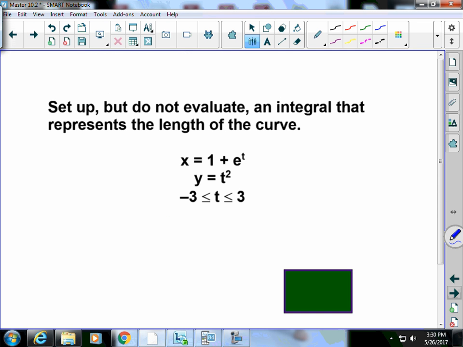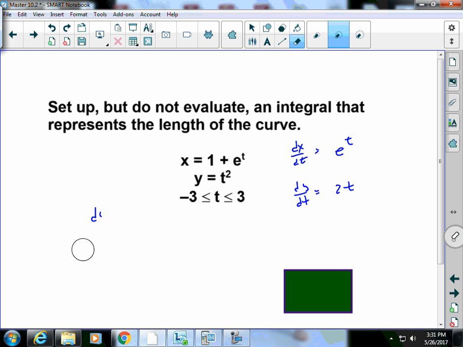All right, set up but do not evaluate an integral that represents the length of the curve. So again, I need a dx/dt, and that's just 1. Derivative of 1 is 1. Derivative of e to the t is e to the t. I need a dy/dt. Derivative of t squared is 2t. Oops, I don't need dy/dx.